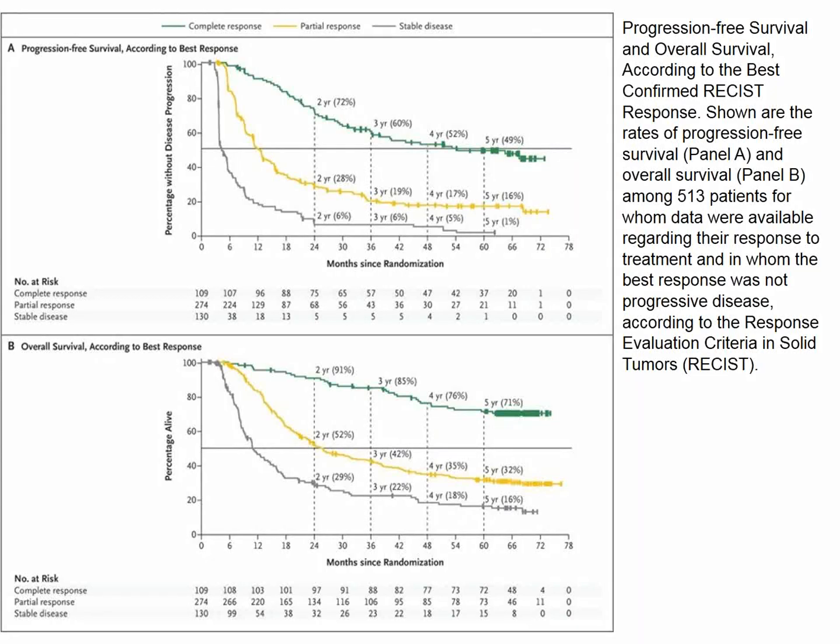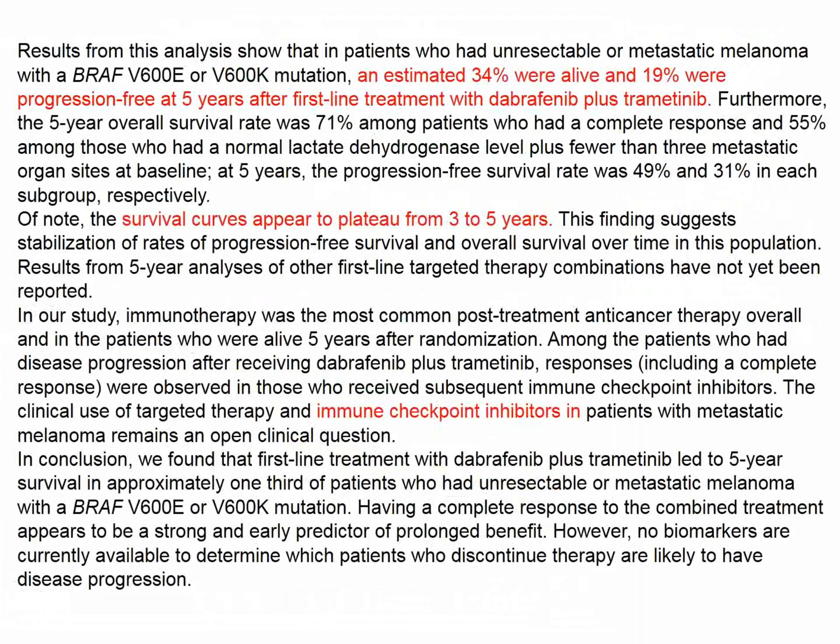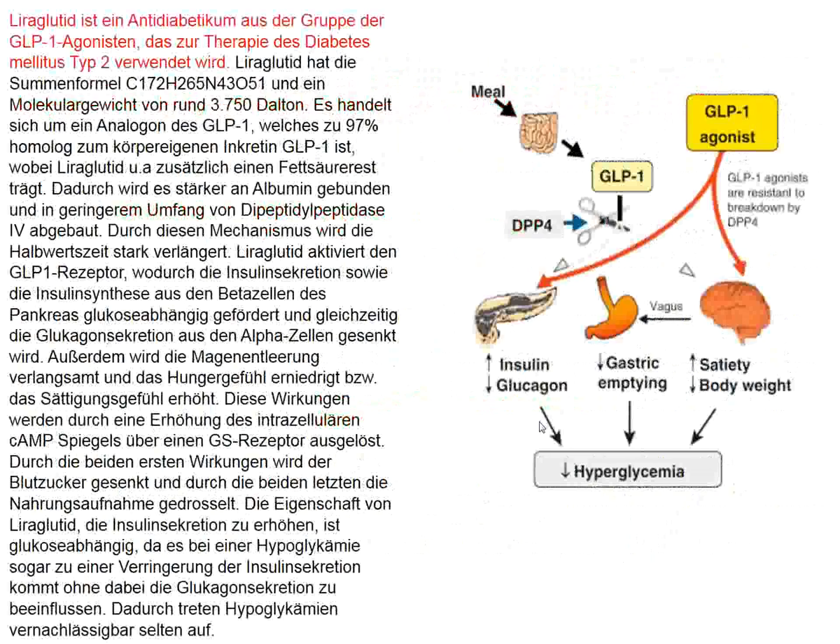But with this treatment, numerous patients have an overall survival that's pretty much respectable. So the survival curves seem to plateau between years 3 to 5, and immune checkpoint inhibitors, in addition to the 2 treatments that I've discussed, may be helpful, and that will have to be evaluated in future studies.